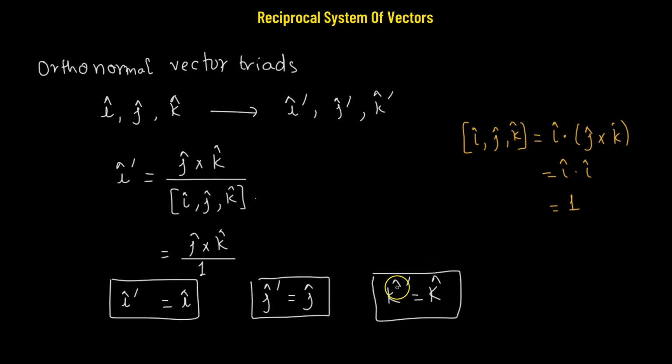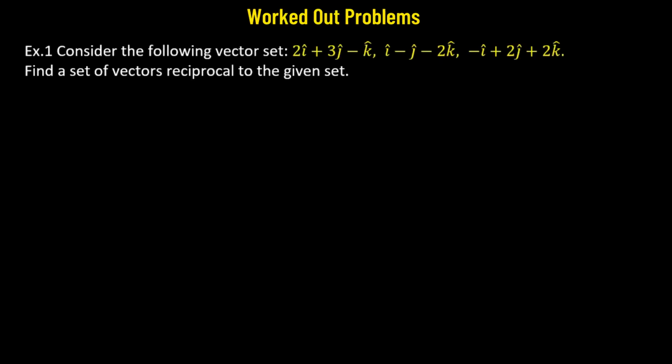Right. Now that we have understood the idea of the reciprocal set of vectors, let's work on a few numerical problems. Problem number 1. We have three vectors, let's name them a, b and c. Vector a is given by 2i cap plus 3j cap minus k cap.